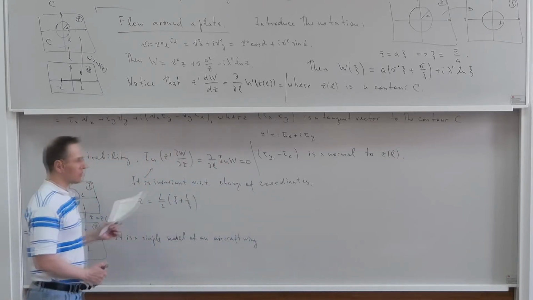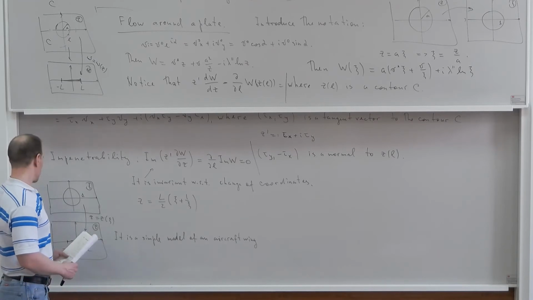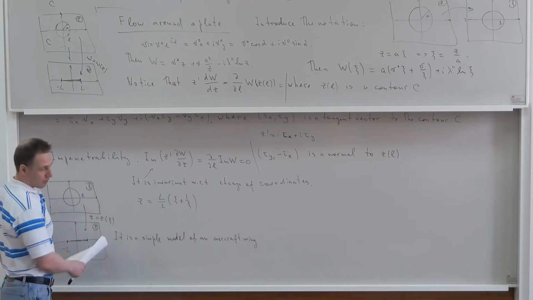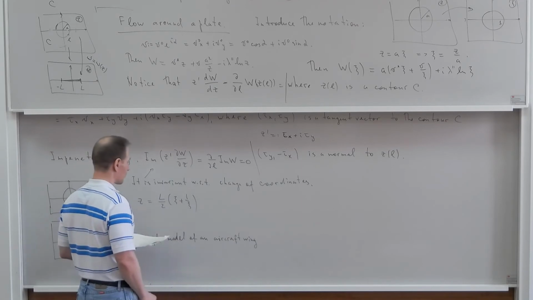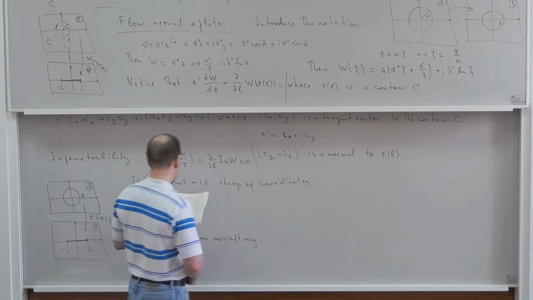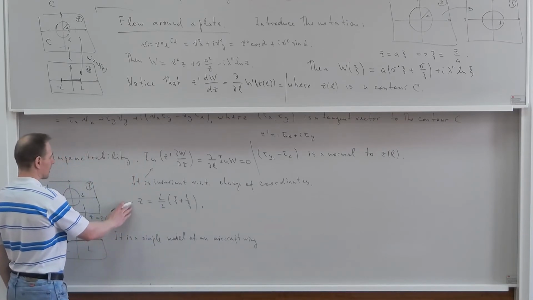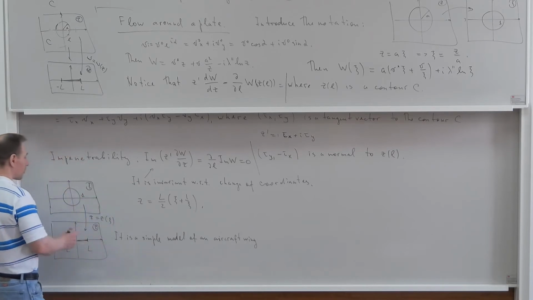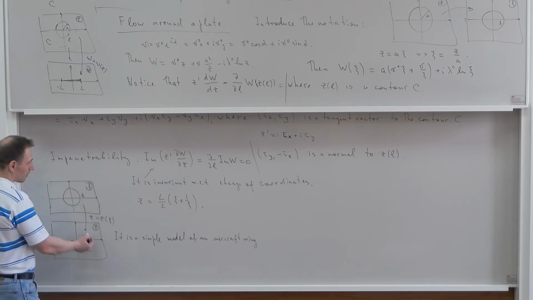And by using the conformal mapping technique, we can easily find the velocity flow around such a wing. So let's continue the analytical calculations, and it is claimed that this mapping realizes the conformal mapping from this domain of analyticity into this domain of analyticity.